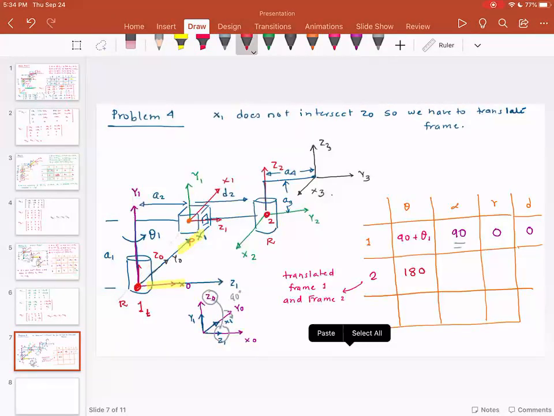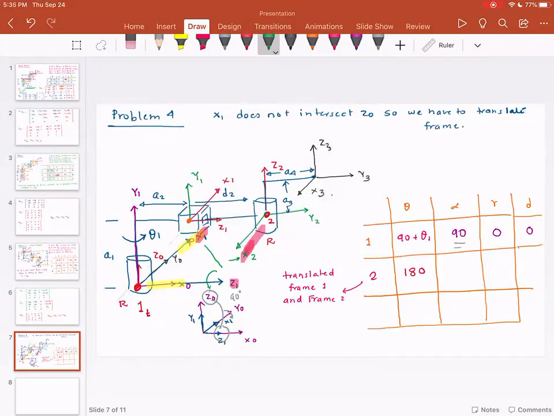Please note, my X2 is here, my X1 is here, and I have to rotate X1 around Z1 so that it gets aligned with X2.